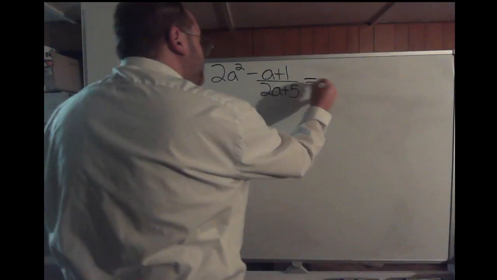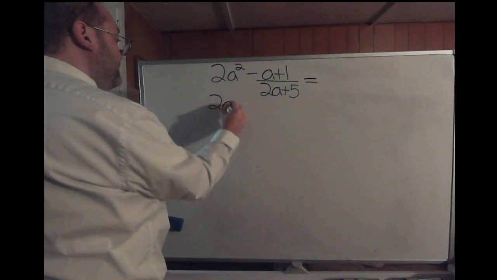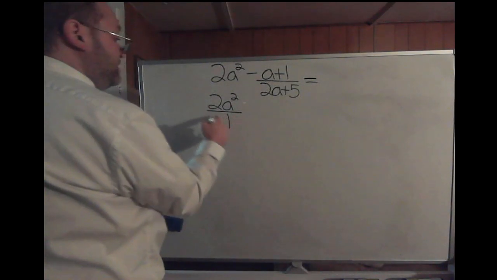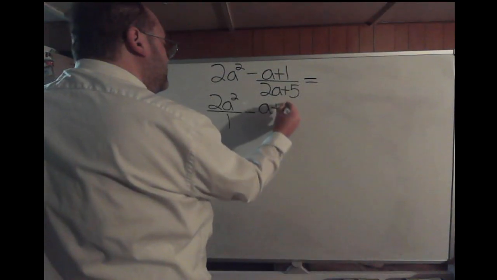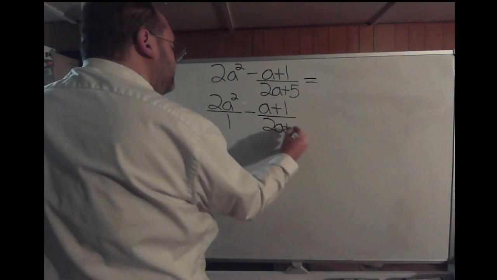Well, it's safe to say that 2a to the second has a denominator of 1. So let's work with that. So you have 2a to the second all over 1 minus a plus 1 all over 2a plus 5.